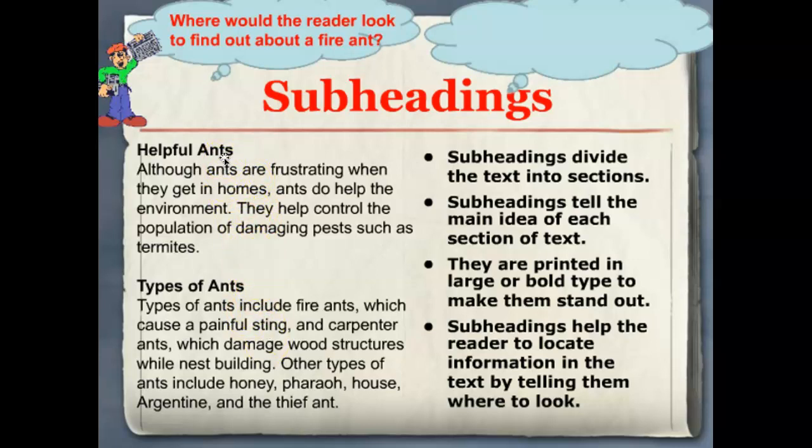The nice thing is typically they're bold to make them stand out so that you can see them. And they really do help you, especially in a textbook or an article. If they include subheadings, it really helps you find the information that you're looking for because you can just kind of skim and scan until you see the subheading that you're looking for that information.